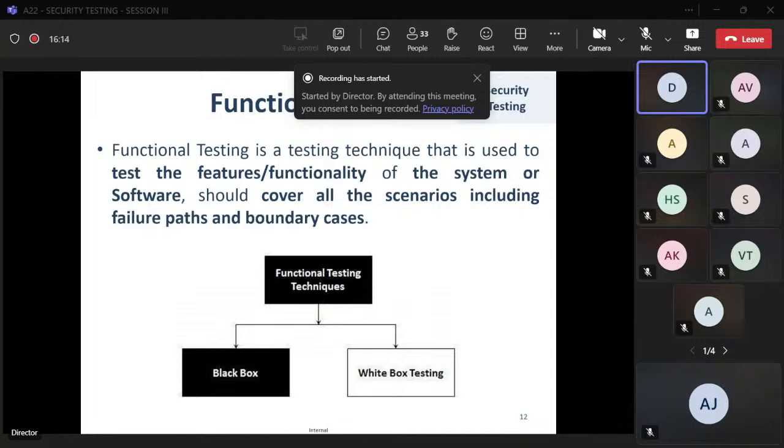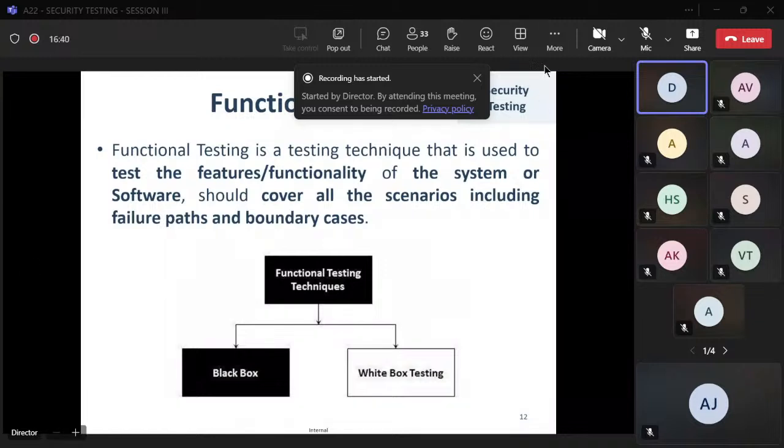Sometimes the use cases may not provide wrong inputs, invalid inputs or semi-valid inputs. Always they try to provide valid inputs and get positive results. But we need to cover various scenarios, even failure paths, and also the boundary cases within the range.